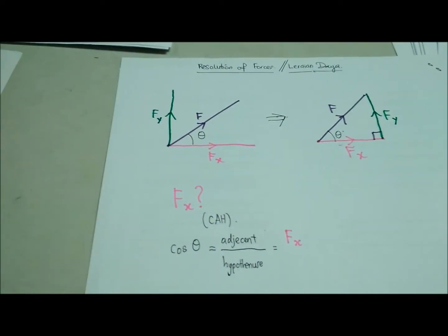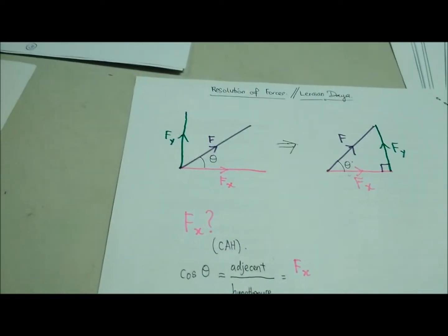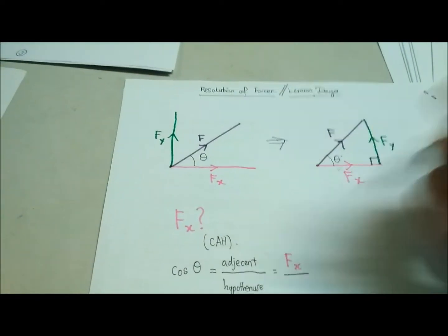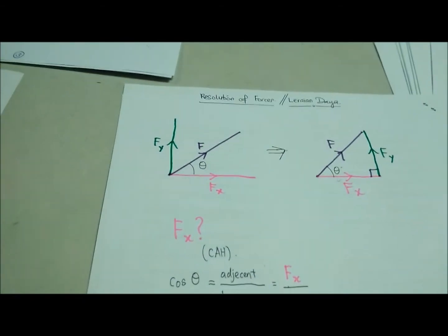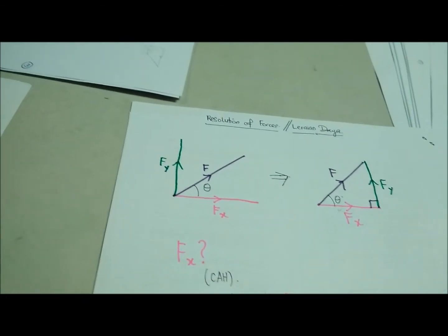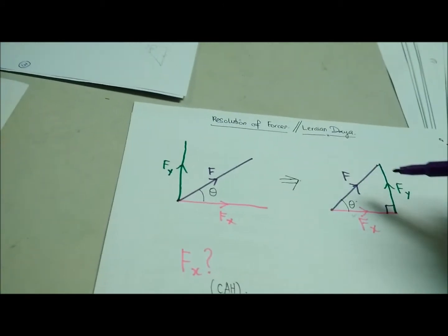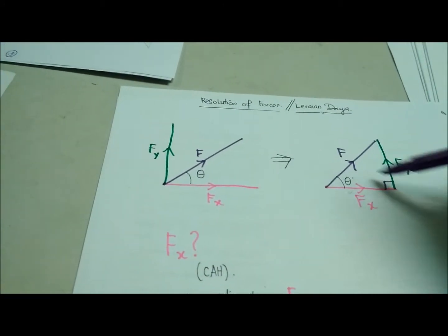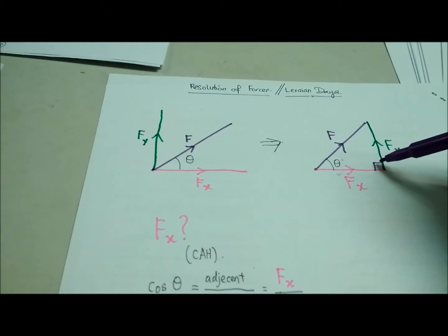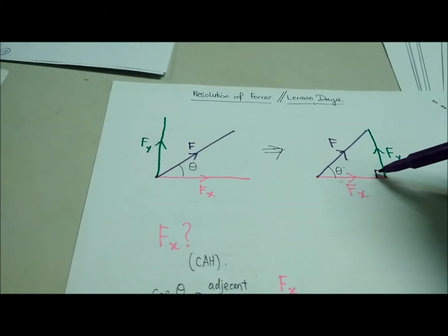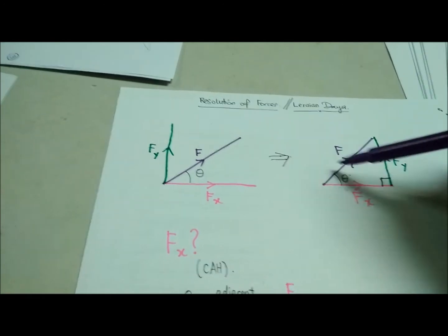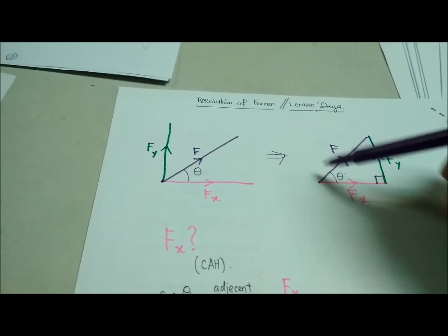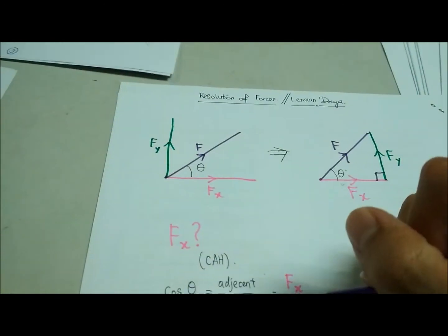So Fx is the adjacent side. Which one is the hypotenuse? The hypotenuse is the side opposite the right angle. This is the right angle triangle, and opposite the right angle is F. So this is the hypotenuse, F.